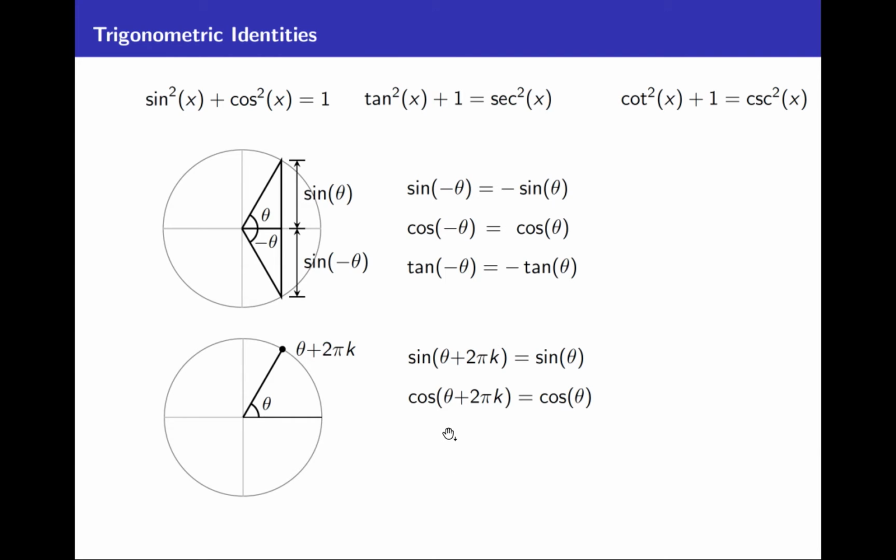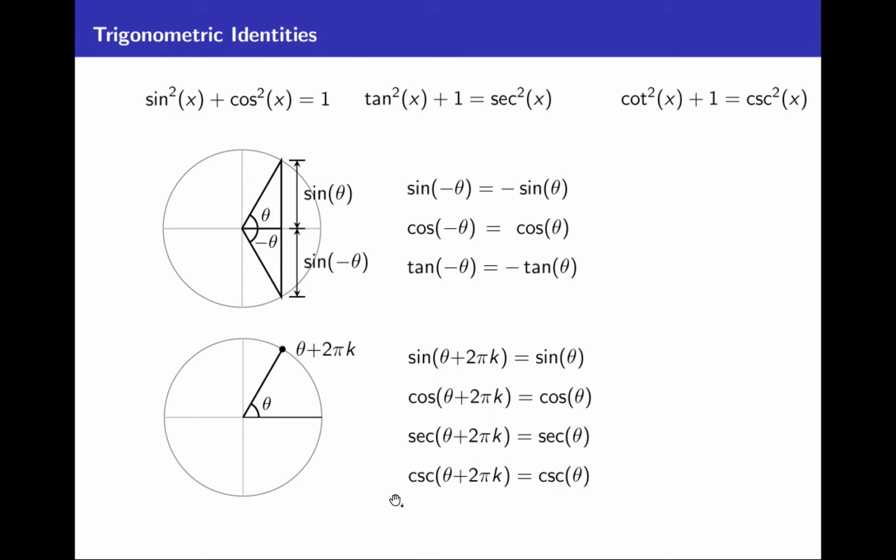The same holds true for cosine, for the same reasons, and secant and cosecant. Also, you could say that the same result would hold for tangent and cotangent. Cotangent of theta plus 2 pi k would be cotangent of theta, and so on.